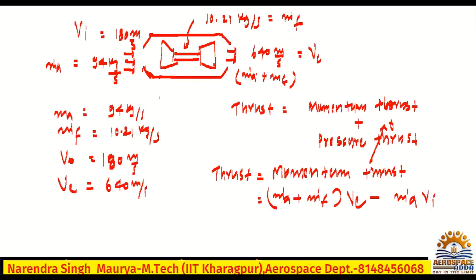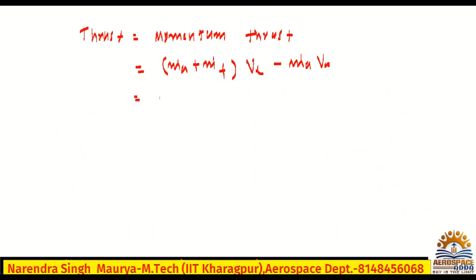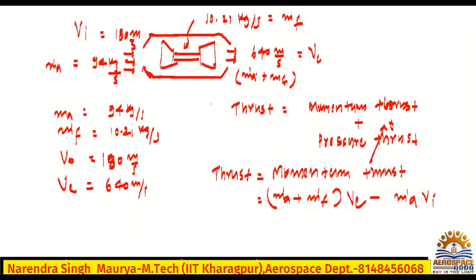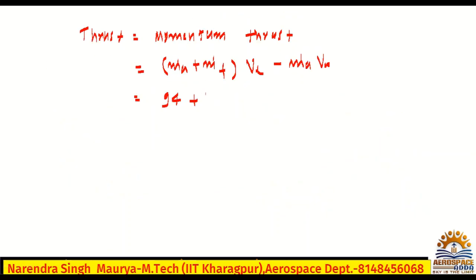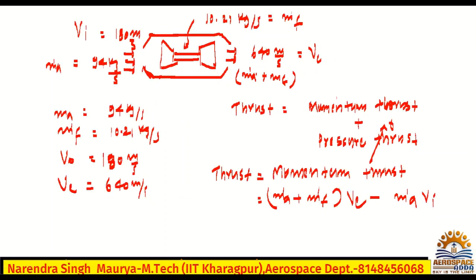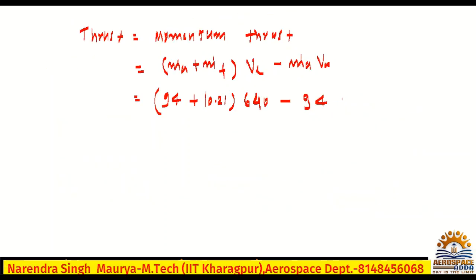What is the m dot a, check? It is 94. What is the total amount of fuel you have injected? It is 10.21. Ve, what is the exit velocity? 640 meter per second, minus m dot a 94. What is the V infinity? It is 180. We'll calculate this. Okay, what is the value?